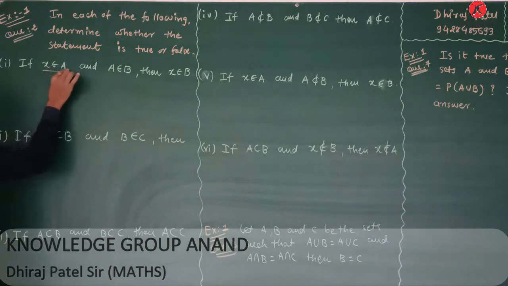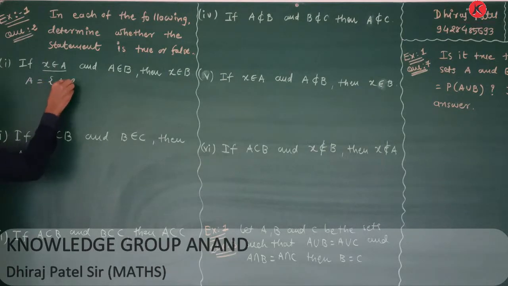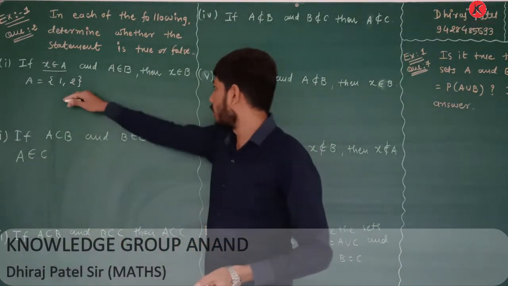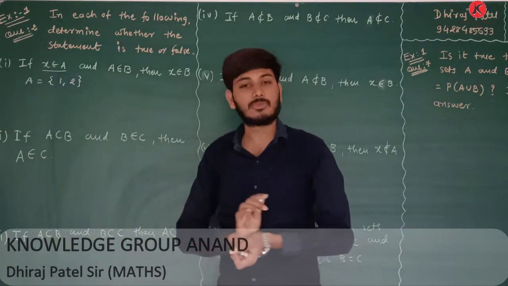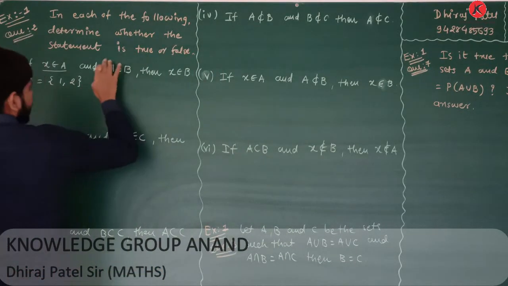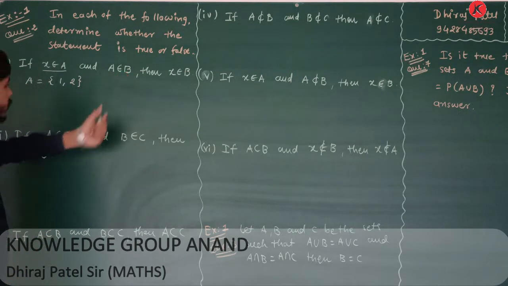You have to check it out for the given conditions. The given condition is x belongs to A. Suppose I am taking x which belongs to A, where the set A equals {1, 2}. A belongs to B. What do you mean by A belongs to B?